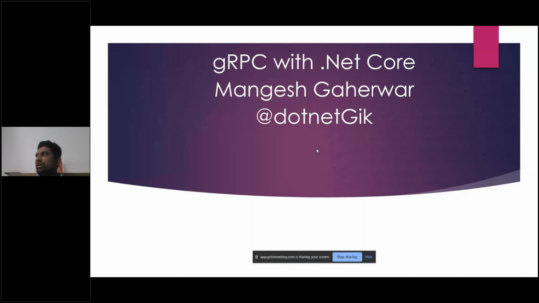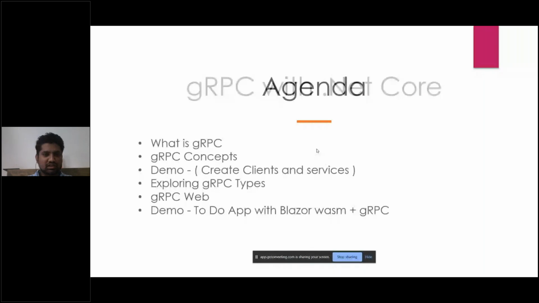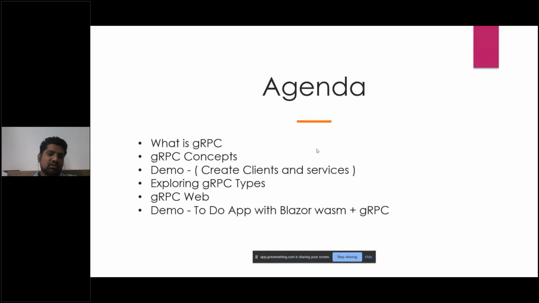Okay, cool. So welcome everyone. I'm Mangesh, as introduced by Hemant, and today we will try to explore gRPC with .NET Core. The agenda for today's session will be to check what is gRPC and the gRPC basic concepts.